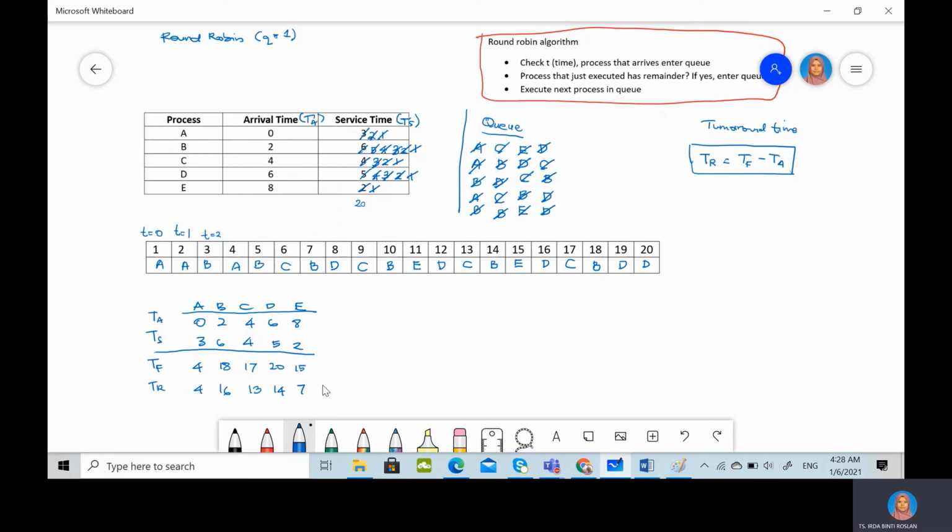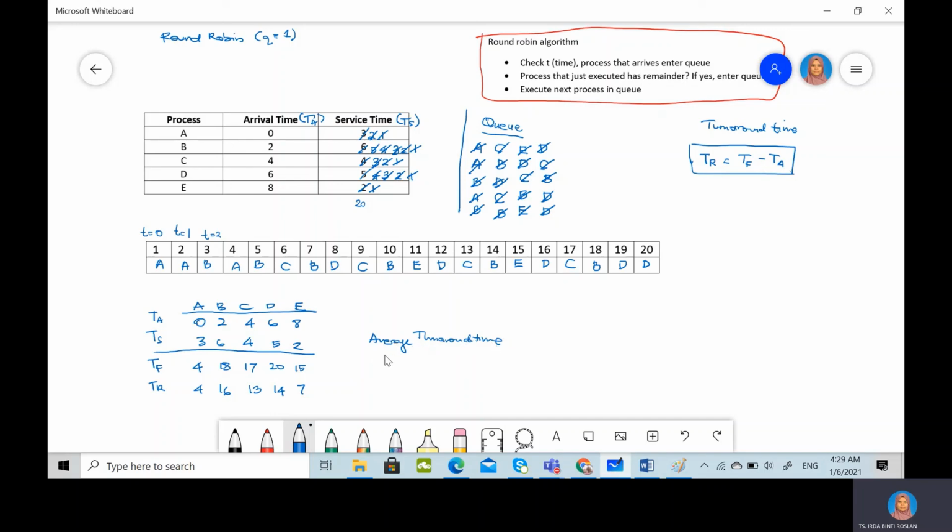If you are required to get the average, for example the average turnaround time, then you have to sum all these turnaround times and divide by how many processes. The average of turnaround time is sometimes known as the mean.